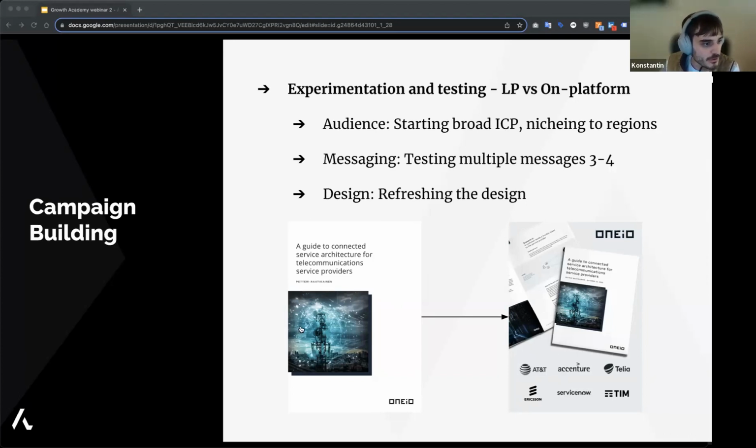We got a question: which phase of the funnel would you recommend this document ad format for? Thank you for the question. I would recommend it for retargeting. So let's say, sticking to this example, you have a telecommunications page and people are visiting that page.